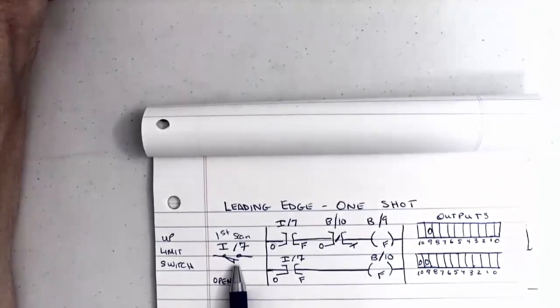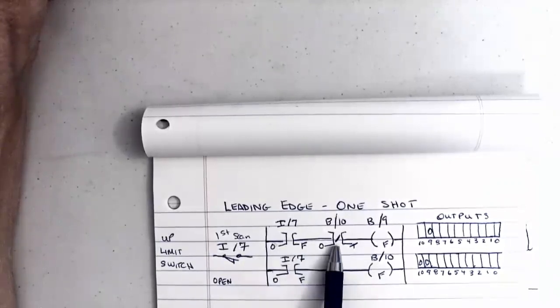So with the limit switch open, we have a low, and that makes the examine if closed false. Next, we have a low, because this output is not activated, so it's sending a low to the XIO, which makes it true.